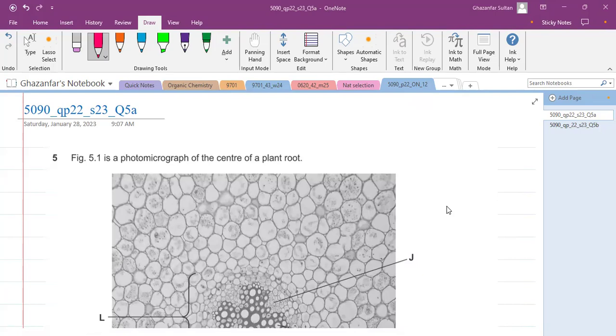Question number 5, May June 23, paper 22, biology 5090. Figure 5.1 is a photomicrograph of the center of the plant root. So this is the TS of the root from its central point.